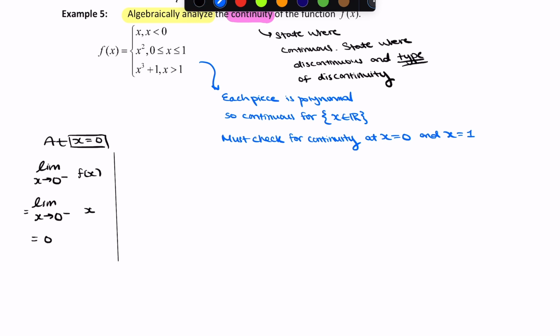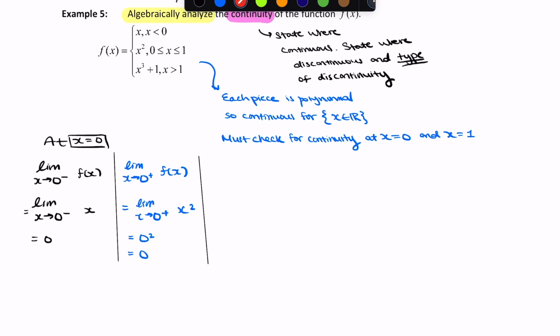And then secondly, the limit as x approaches 0 from the right of f of x is equal to the limit as x approaches 0 from the right of x squared, and that would be equal to 0 squared, which is equal to 0. So far, so good. Left-hand limit, right-hand limit are the same.